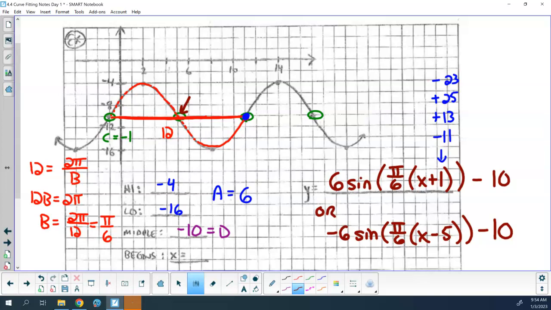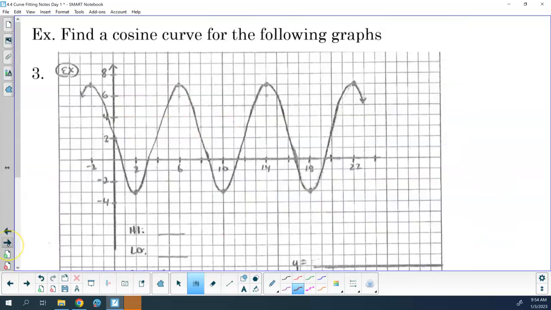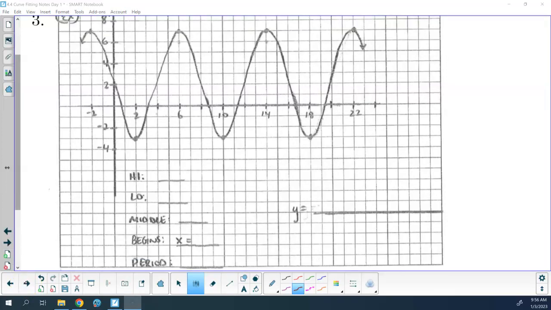Okay? So with that being said, what I would like you to do now is come up with a cosine curve for the second one. So now we want a cosine curve. You come up with the cosine curve for the second one. Middle at 2.